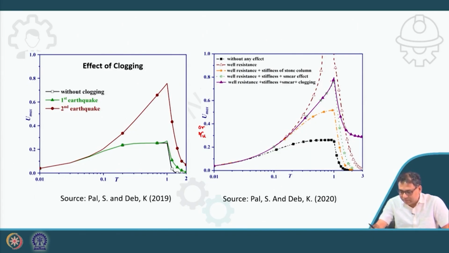So the RU value will increase, reach the maximum at the end of the earthquake, then start decreasing and become 0 or close to 0, because you have provided a drainage path. Now the question is that during the earthquake, that is T value 0 to 1, this is the duration of the earthquake.